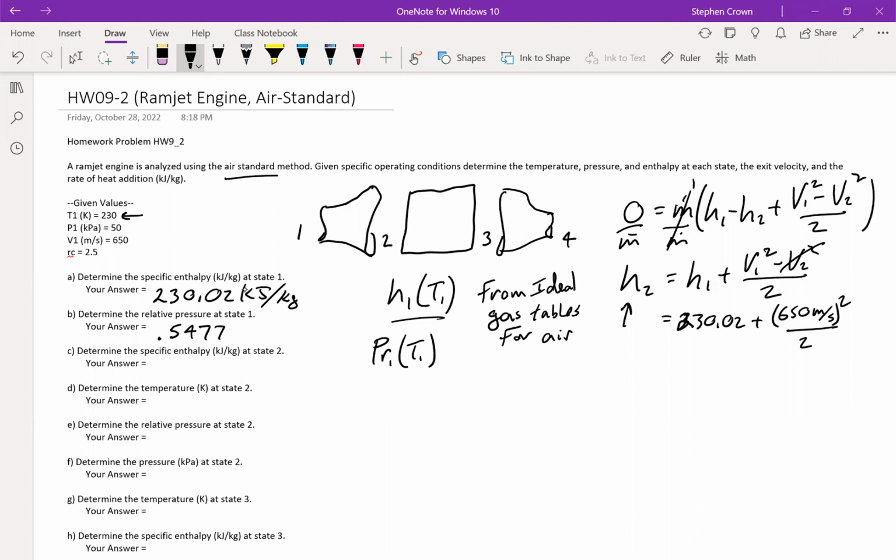Now, we'll need to convert, because the units of this are meters squared per second squared, and the units of enthalpy are kilojoules per kilogram. So 1 kilojoule per kilogram is 1,000 meters squared per second squared. So the meters squared per second squared cancel, and we'll end up with kilojoules per kilogram. When we do that, we get 441.27.